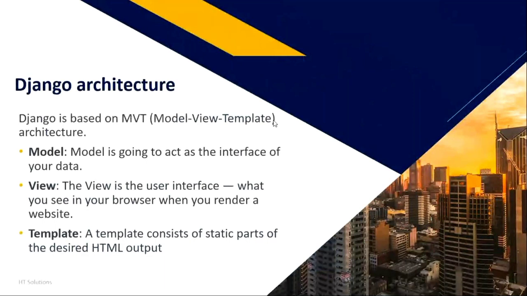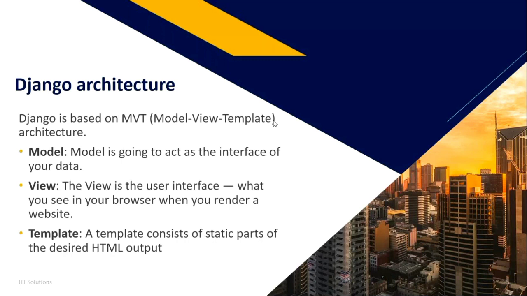In Django also we have an architecture. Django follows the MVT architecture. What is meant by MVT? MVT is a software design pattern for developing a web application. The MVT structure has the following three parts: models, views, and templates.